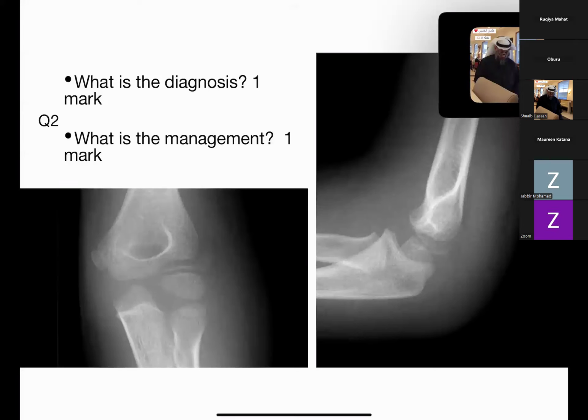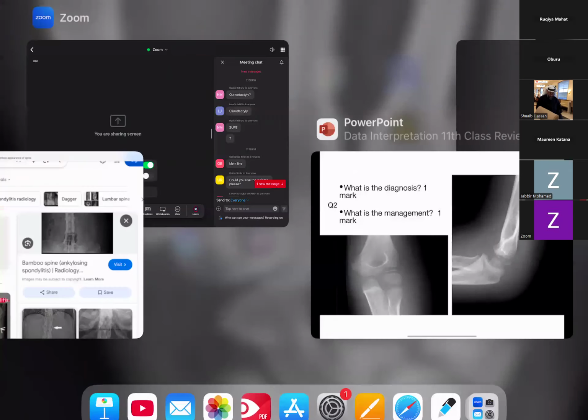Someone has written in the group chat, terrible triad of the elbow.